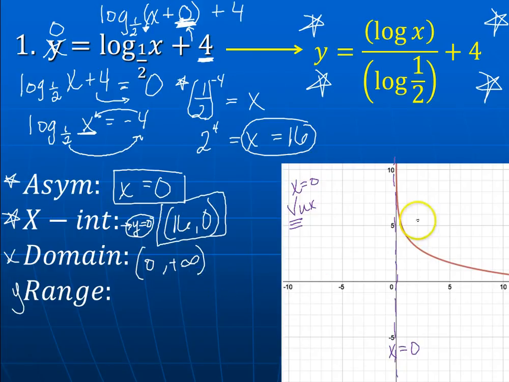Range, my y's. Asymptote, this is going to keep going up. It's going to keep trying to get to 0, but it's going to keep going up. It's never going to stop. And that's one thing, depending on what calculator you have, you need to make sure you recognize this line never stops. On your calculator, it might have a little dot. It might actually look like it stops. You need to be able to recognize it does not.